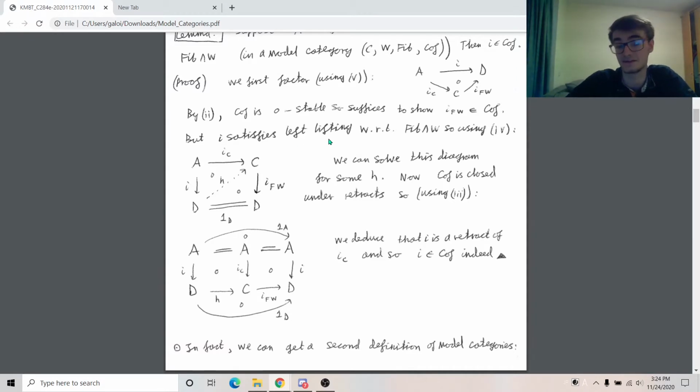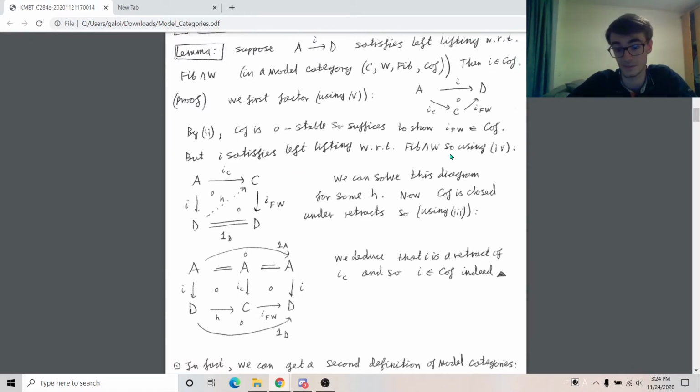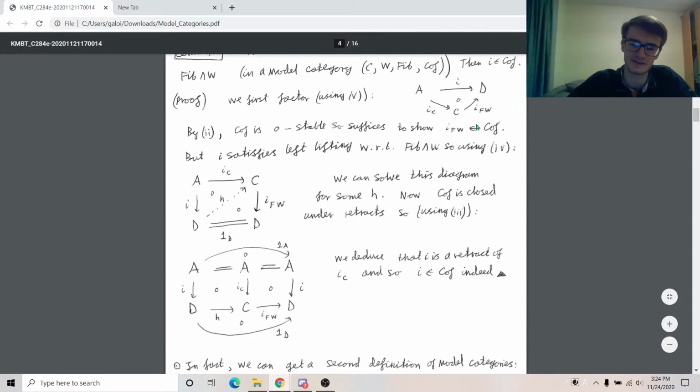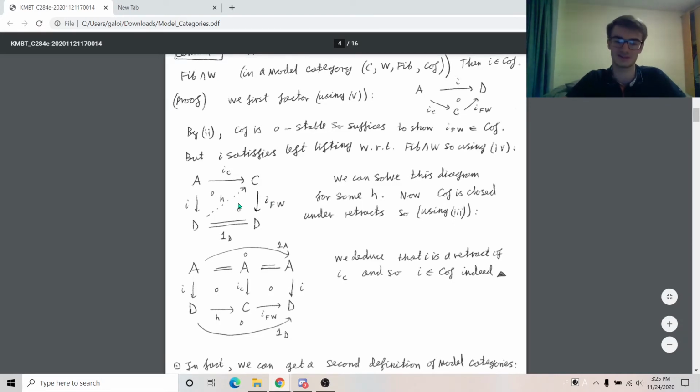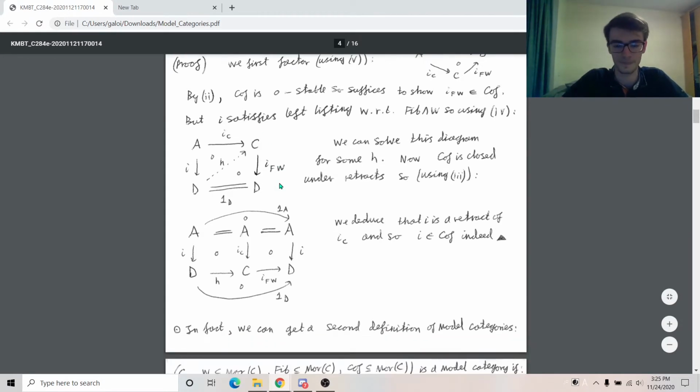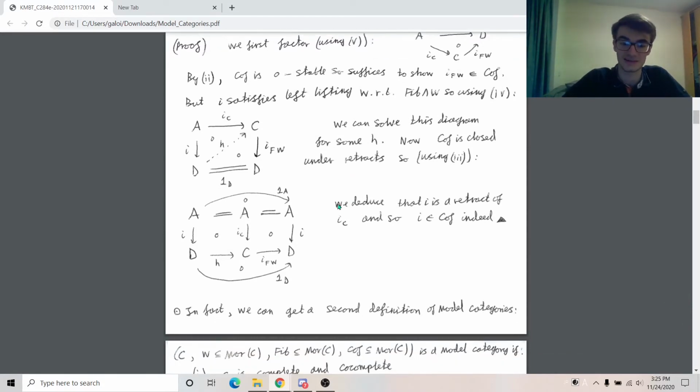But I satisfies left lifting by assumption with respect to fib intersect W. So you can fit this factorization into a square like this. I satisfies left lifting with respect to IFW because IFW is in fib intersect W. So there's a solution H to this diagram. And now we're going to use the retracts property to exhibit I as a retract of IC, and IC is a cofibration, and therefore I is a cofibration.